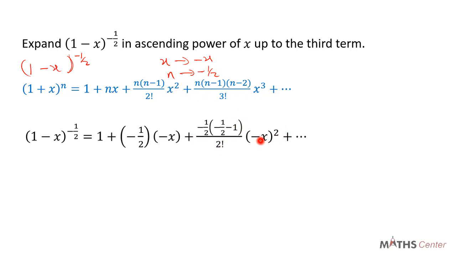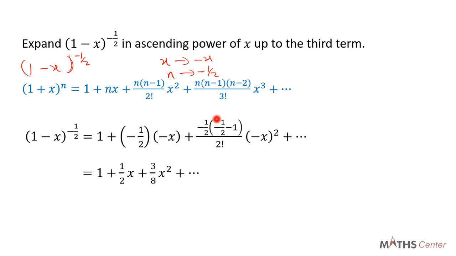X is negative x, so negative x squared. The question says that we are expanding up to the third term, so we are going to end here. But you bring the addition sign and the 3 dots to show that other terms also continue from here. Let's simplify this. You have 1 plus negative half times negative x gives us half x.